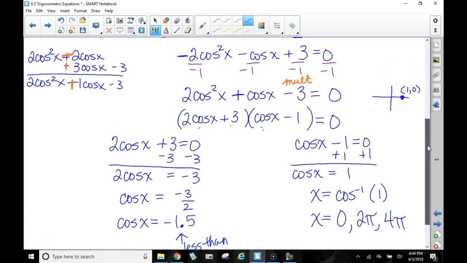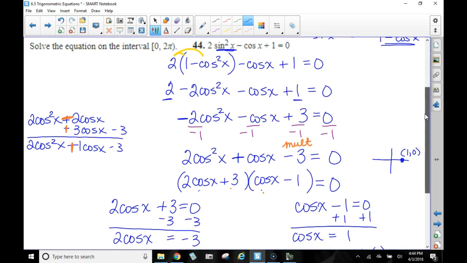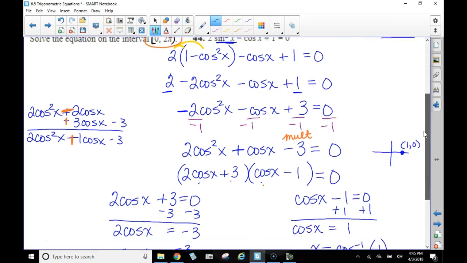But if you look at the directions above right here, you only want to give your solutions that would include 0 but not 2 pi. Okay, the bracket means include 0, but not 2 pi or anything greater than that.